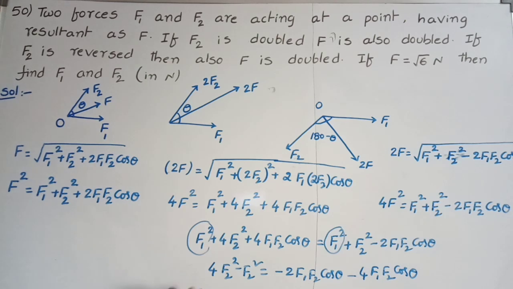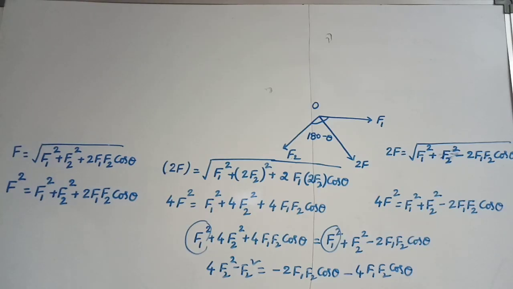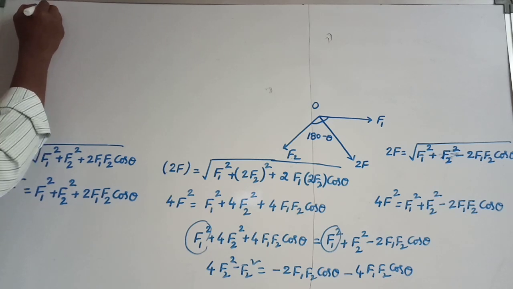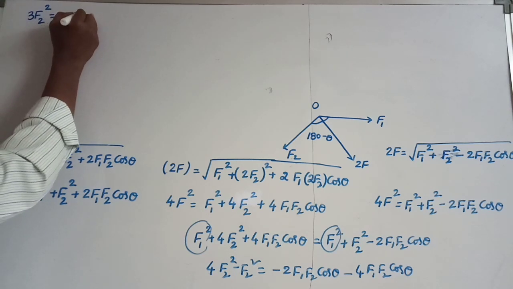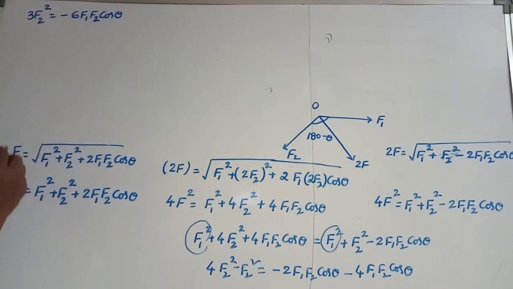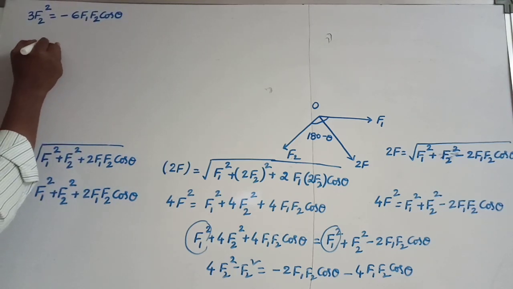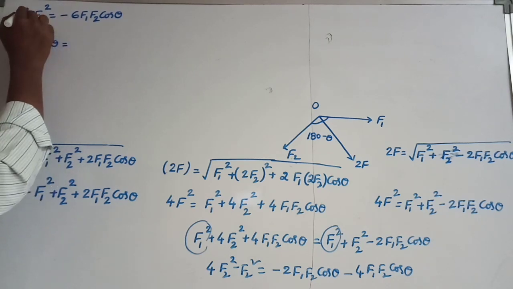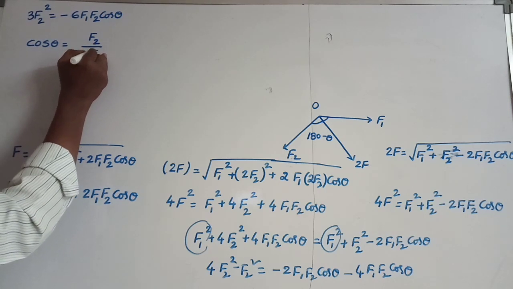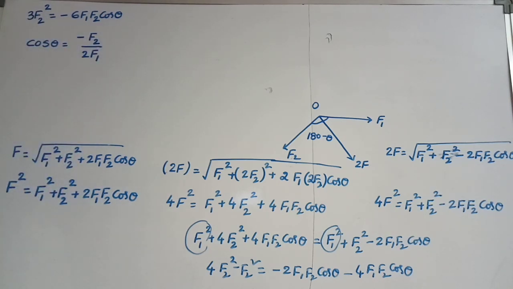From this, 4F2 square minus F2 square is equal to 3F2 square, that is equal to minus 6F1 F2 into cos theta. From this, cos theta is equal to, 3 two times, then we get F2 divided by 2F1. Cos theta is equal to minus F2 by 2F1.